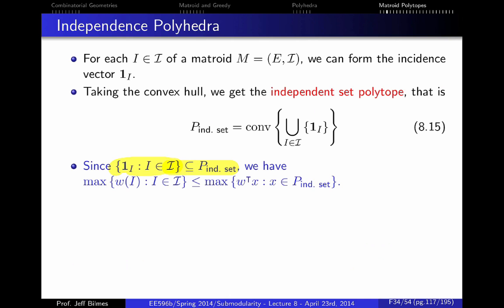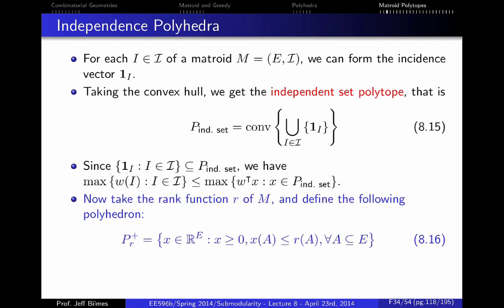Since that's true, the value of the maximum weight independent set, which, by the way, the greedy algorithm solves, is going to be no greater than this maximization problem: take the max of w transpose x for all x in this relaxation of the independence vectors of the matroid. Okay? So is this inequality clear? It's just a bigger set of vectors.